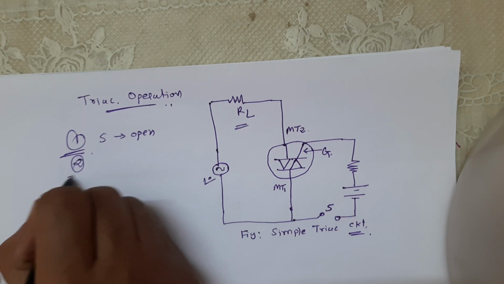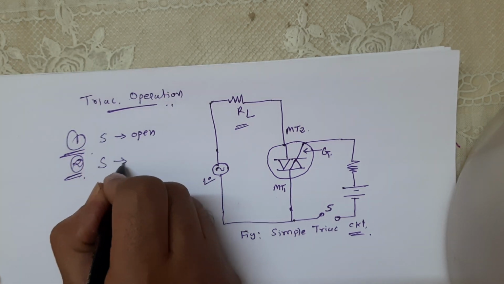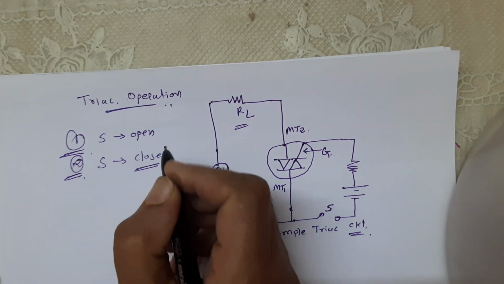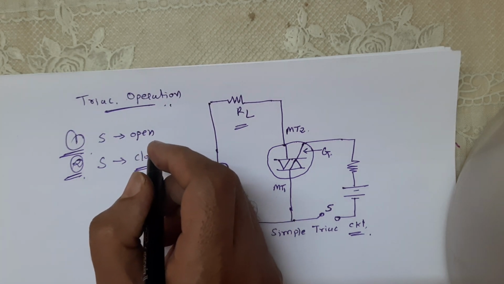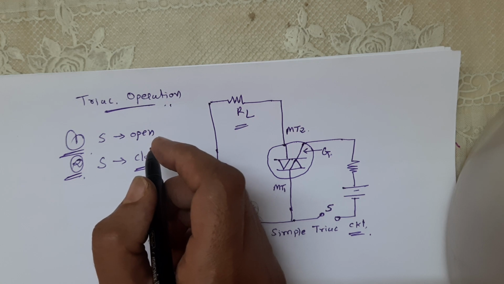The second point we are discussing here is when switch S is closed. When the switch S is closed, the gate current starts flowing in the gate circuit in a similar manner to the SCR. The breakover voltage of the triac can be varied by making proper gate current flow.